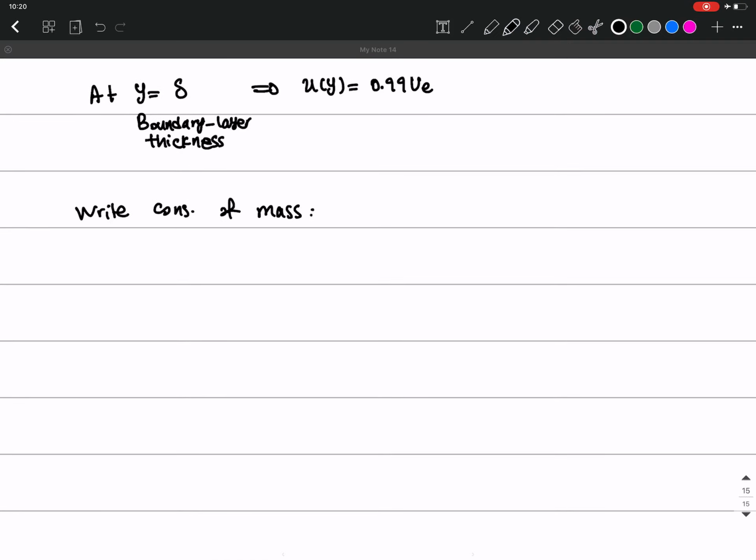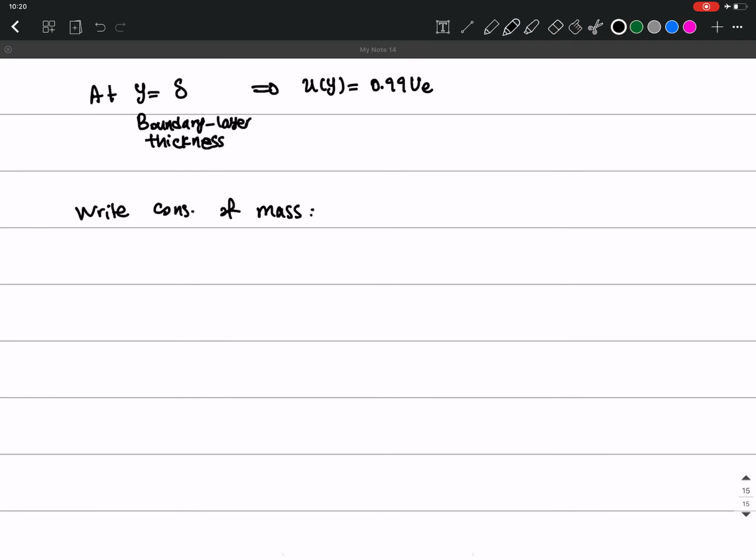Then we multiply by the area, which is H, and we can assume a width of W. This is going to be the mass that goes in.